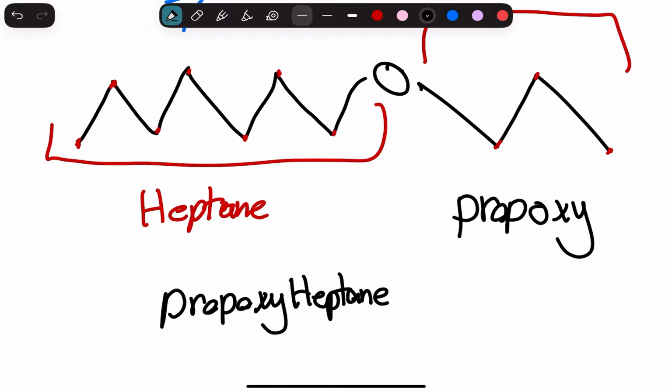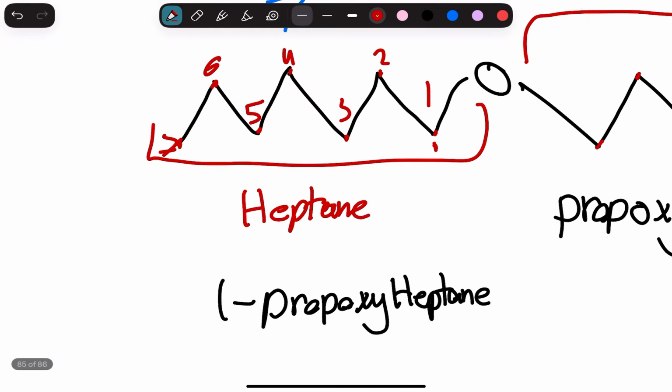Just like that. And one more thing that we need to know is we need to add a 1 to show where the O is located on that longer chain. So it would be 1, 2, 3, 4, 5, 6, 7. It would be connected to number 1 for the longer chain.